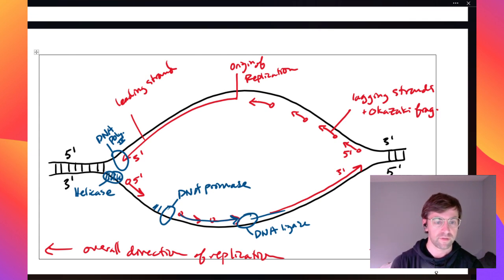Let's see. This whole thing, generally speaking, would be a replication bubble.